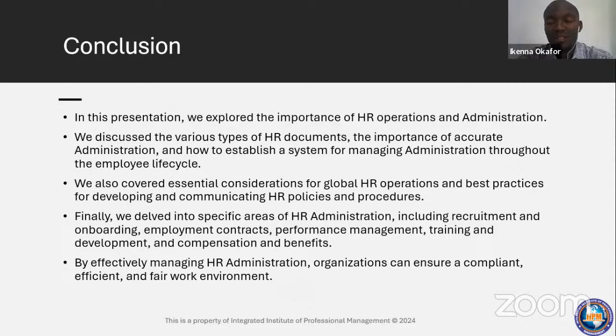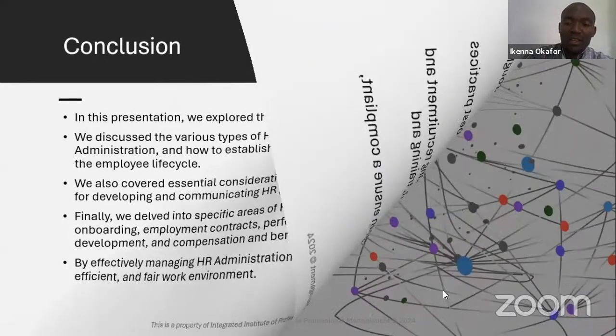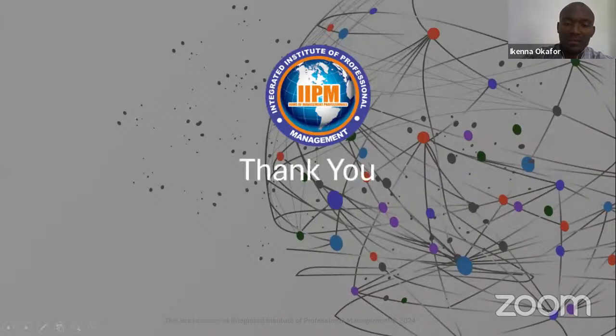Finally, we dealt with specific HR needs from recruitment to compensation and benefits, and even exit management, which covers the employee cycle in an organization. By effectively managing HR administration, organizations can ensure a compliant, effective, and fair work environment.